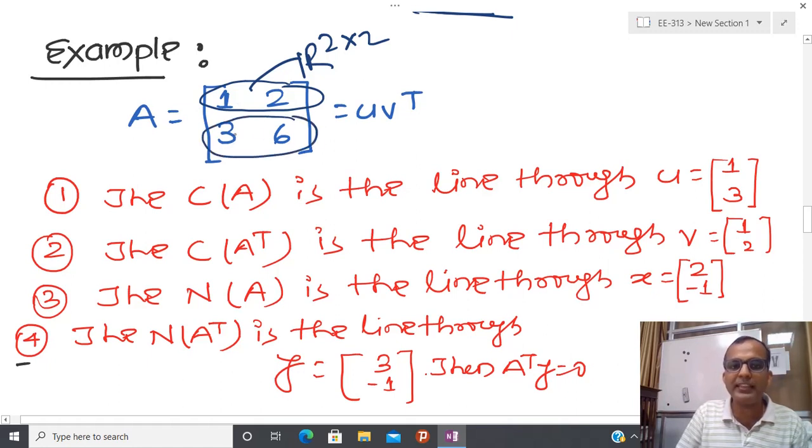If you multiply this column by 2, then I can create the other column also. So intentionally I have taken this kind of system.